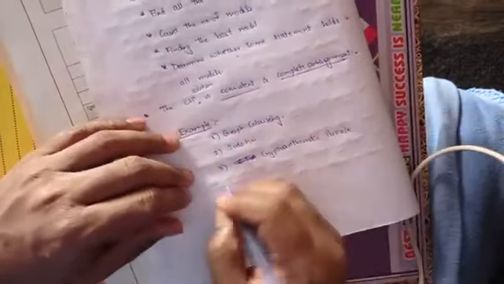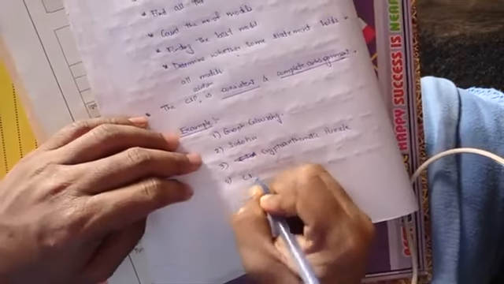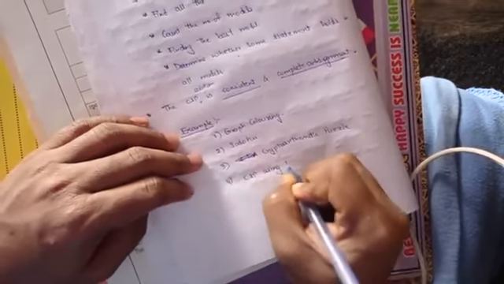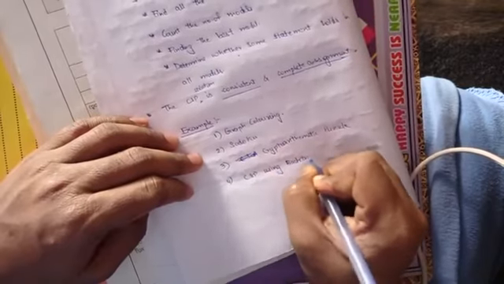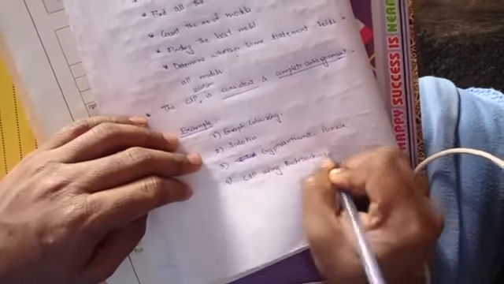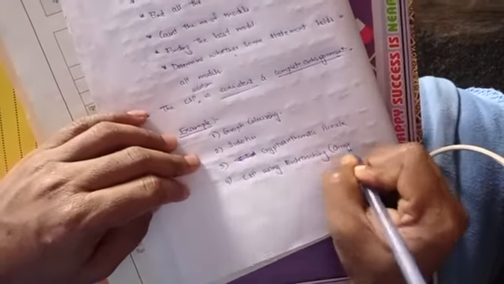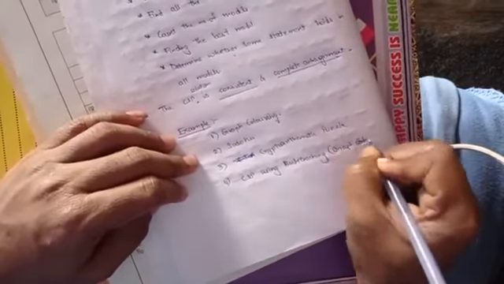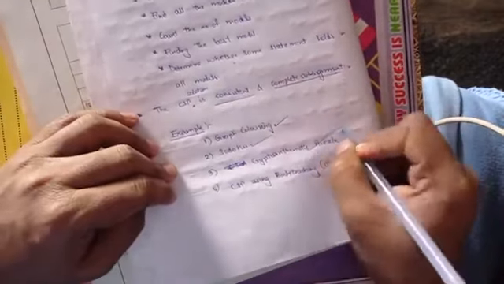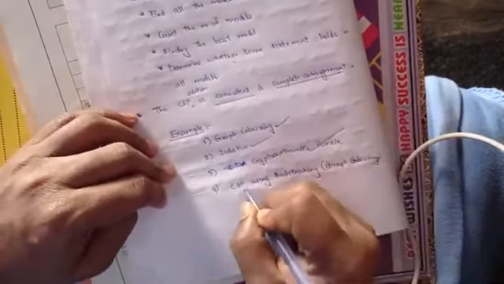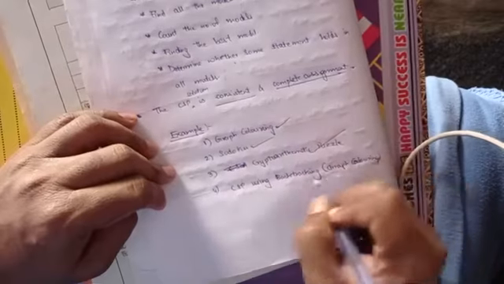I will explain each and every example and give the solution part. The fourth one is constraint satisfaction using backtracking with respect to graph coloring. So these are some of the examples of constraint satisfaction problem. Now I will explain these four examples.